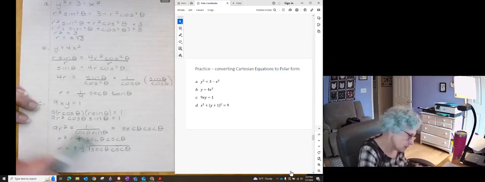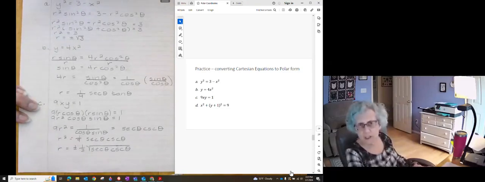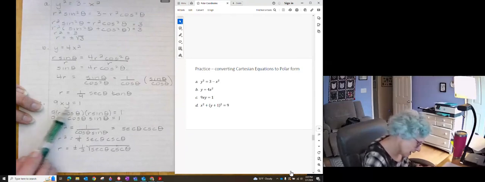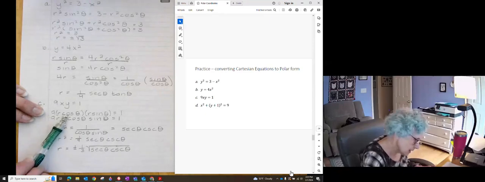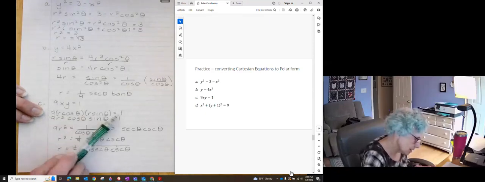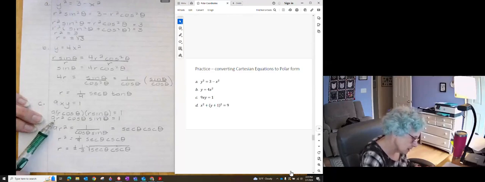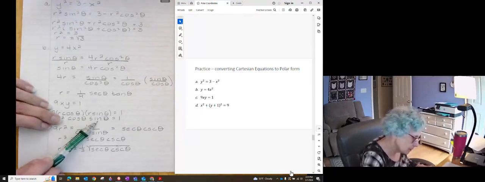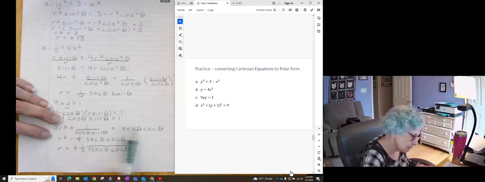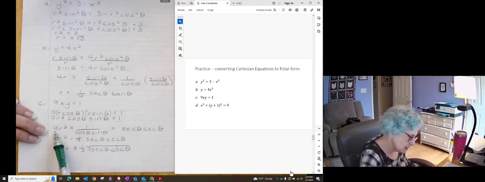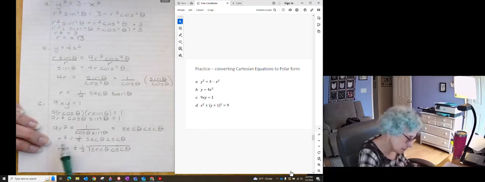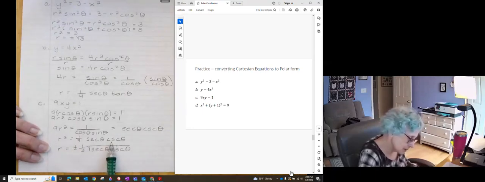Then the next one, I was dubious if I had it right. I have 9xy equals 1. So that's 9 times r cosine r sine equals 1. So 9r squared equals cosine times sine. I divided both sides by cosine times sine. So 9r squared is secant times cosecant. So r squared is 1/9 of secant times cosecant.